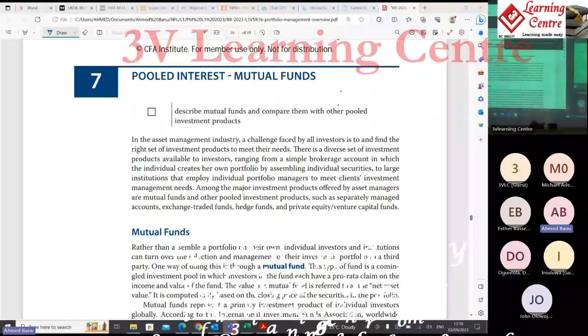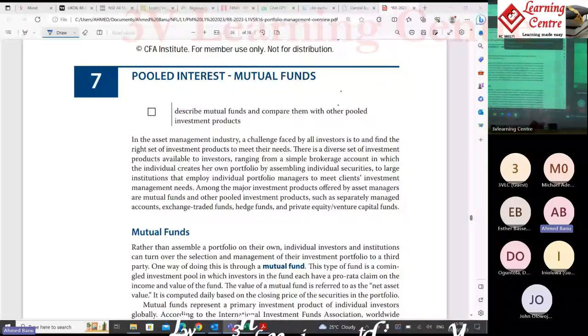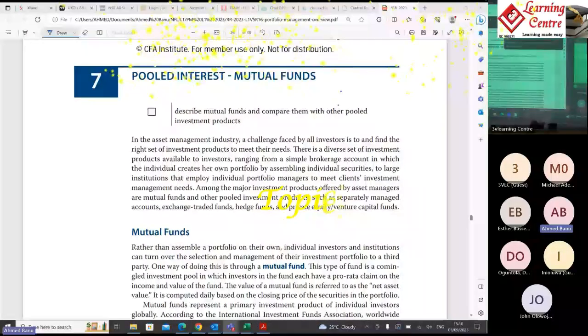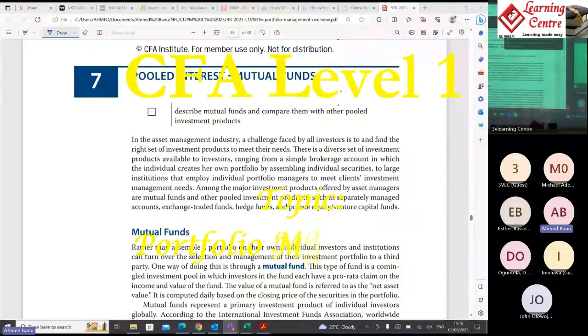Then we looked at your types of clients. We said you predominantly have two categories of clients: the institutional clients and the individual clients. I made mention that for individual clients, your needs and wants are different.